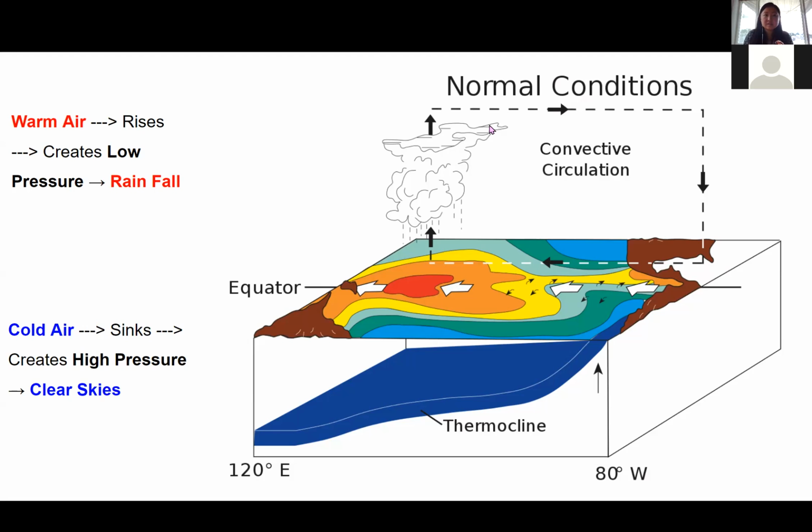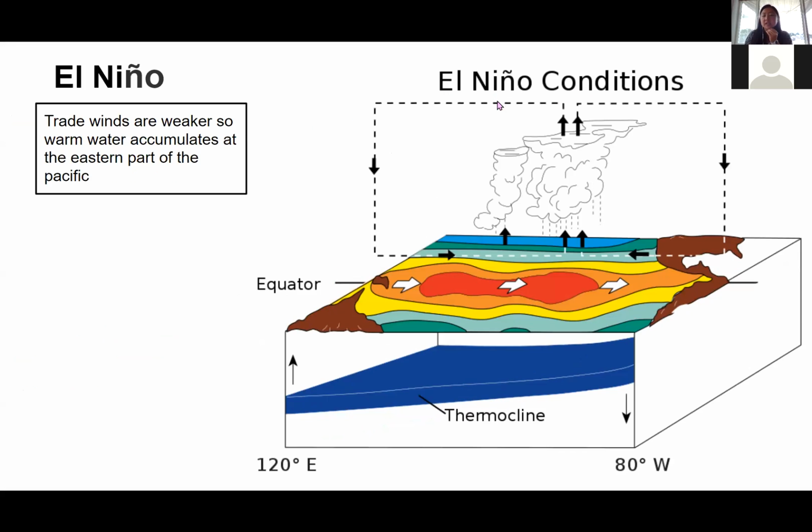All right. Then in an El Nino year, the trade winds are naturally just weaker. And so all of this warm water just pools at the surface. Because there are no trade winds pushing it back, some of it even drifts towards North and South America.